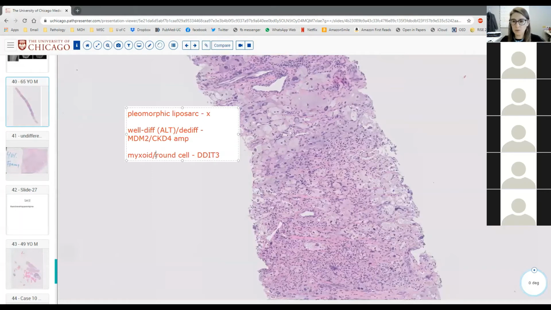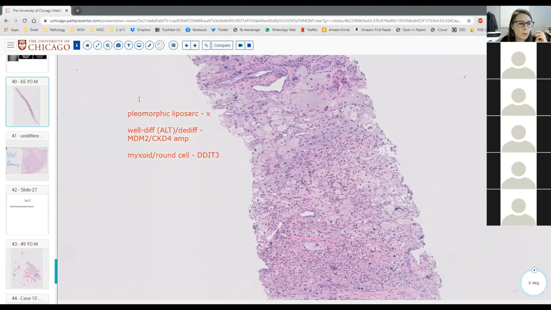Myxoid would be the low-grade variant, which transforms to round cell, both retaining the DDIT3 rearrangement. Pleomorphic has no low-grade precursor. It's just a bad high grade. So well-diff is low grade, de-diff is high grade, myxoid is low grade, round cell is high grade, pleomorphic just high grade, no genetics.